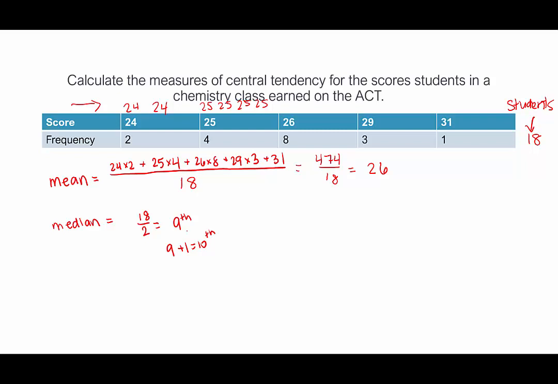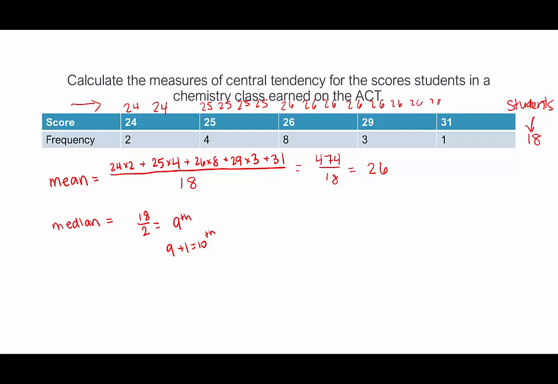To find where the 9th and 10th students are when we put these numbers in order, remember that there are 2 with 24 and there are 4 with 25. So far we have 1, 2, 3, 4, 5, 6 students accounted for. If I write out all 8 26s, I will find the 9th and 10th students, right? So 26, 3, 4, 5, 6, 7, and 8.